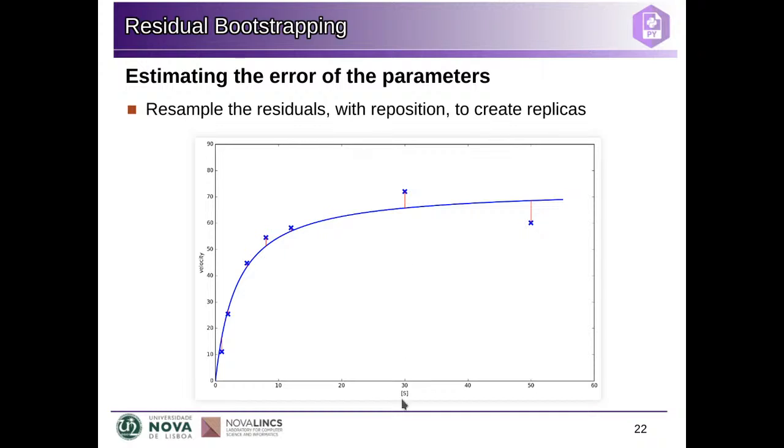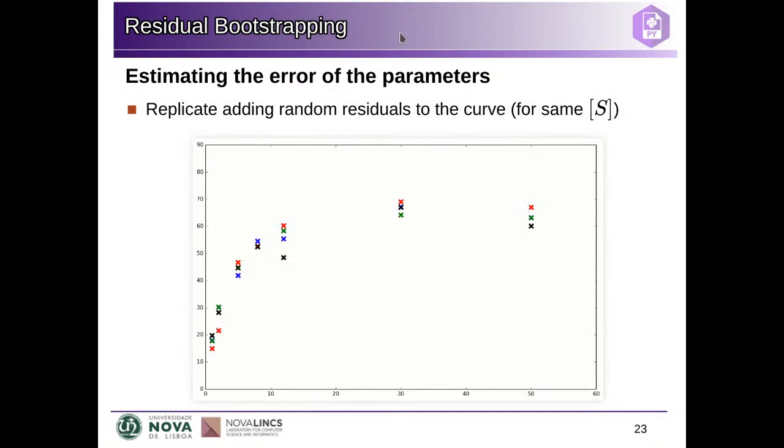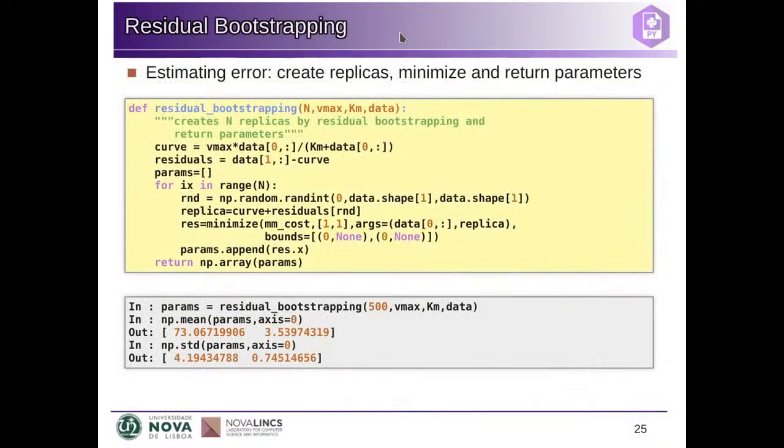So if in this position we happen to have picked this residual, then the point here will be below the curve over here. If in this position we happen to have picked this residual, this point would be higher, and this is what is generating all these different sets of points.